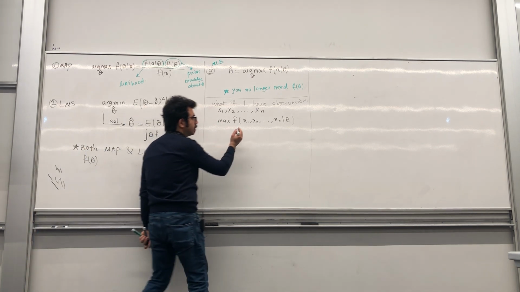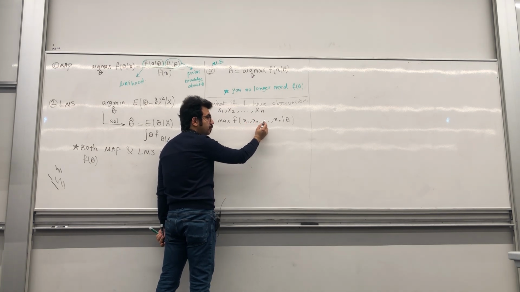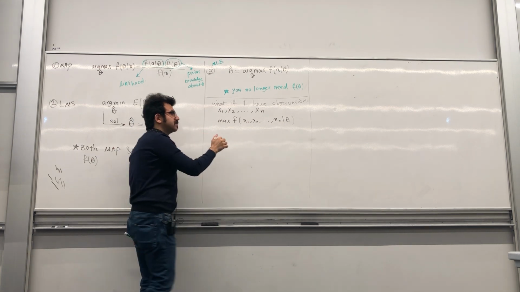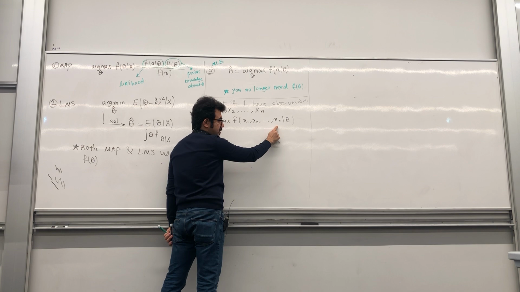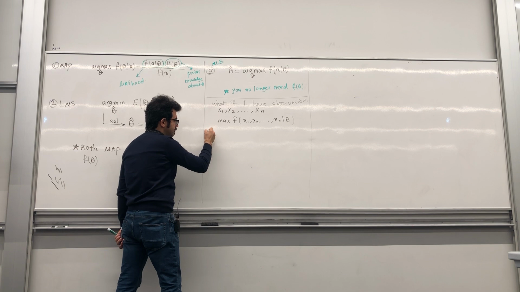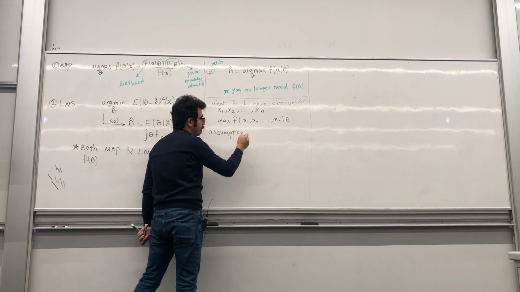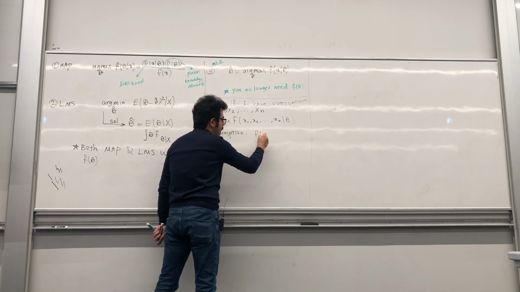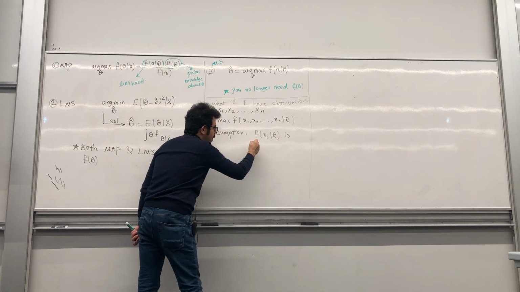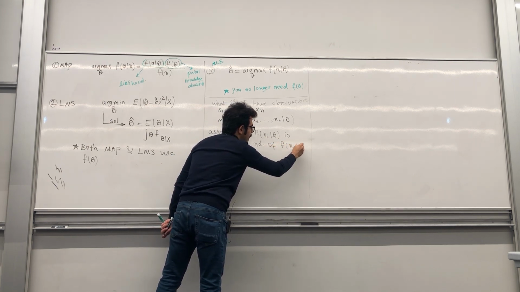But in general, finding the joint distribution of x1, x2, up to xn conditioned on parameter theta is hard. So you always assume that these observations are independent conditioned on theta. The assumption is that xi conditioned on theta is independent of xj conditioned on theta.